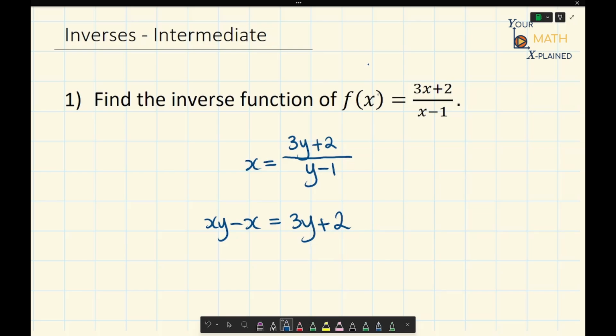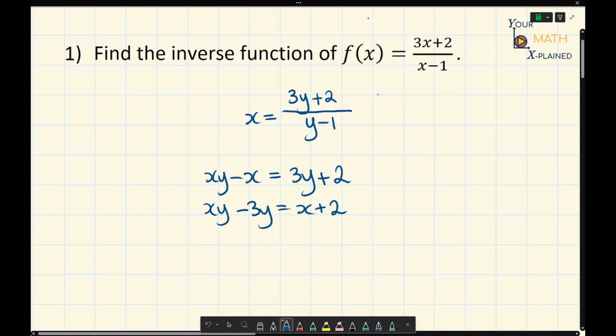Next, we're going to gather all the terms with y on one side and then all the terms without y on the opposite side. So meaning we're going to get xy minus 3y is equal to x plus 2. So the reason we want to do this is so that we can factor out the y on the left-hand side.